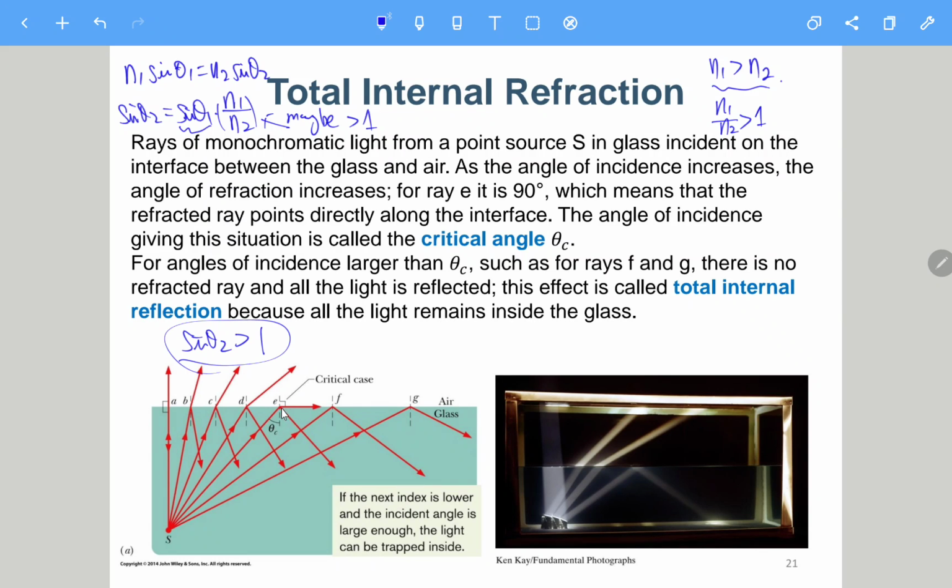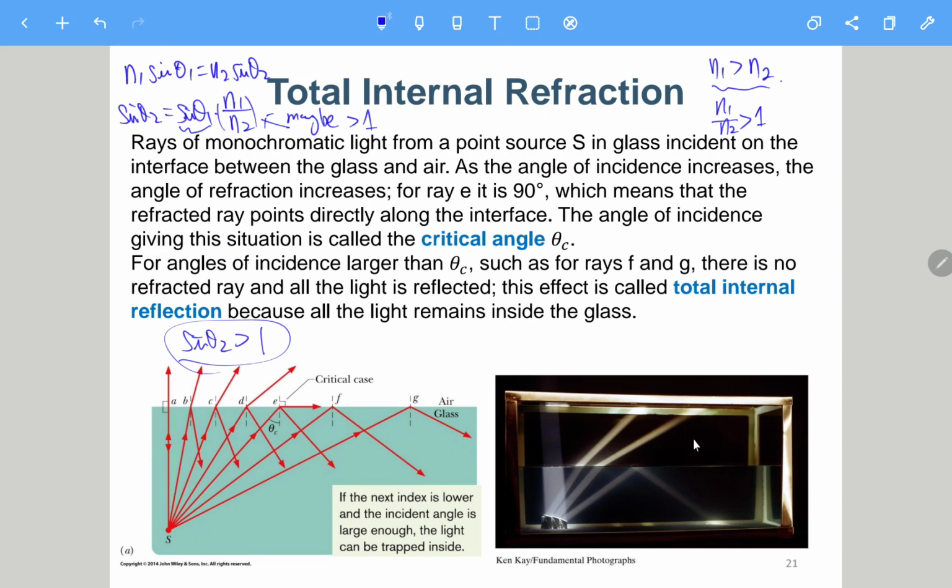We call this angle theta c, the critical angle. If the incident angle is even larger than theta c, then all the light will be refracted, because you cannot find a way that sine of theta 2 is larger than 1. So there will be no answer. Then all the light is refracted, and we call it the total internal refraction.